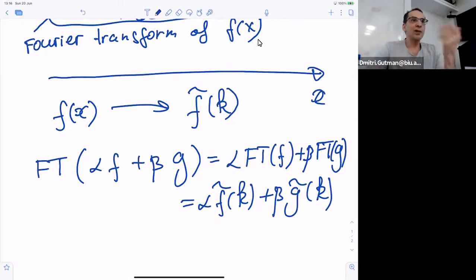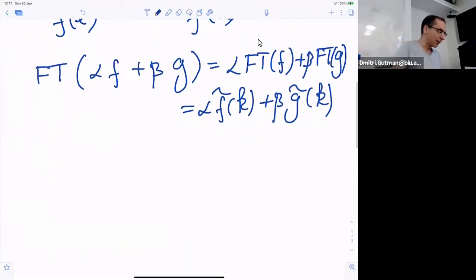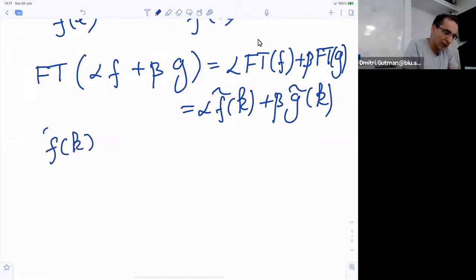Good. Now it's not only a linear transformation, Fourier transform, it's also a reversible transformation. So if we know function f tilde of k, and we put tilde over there to signify that it belongs to the functions in this space, we can find its inverse. We can find function f of x. So how do we construct function f of x?